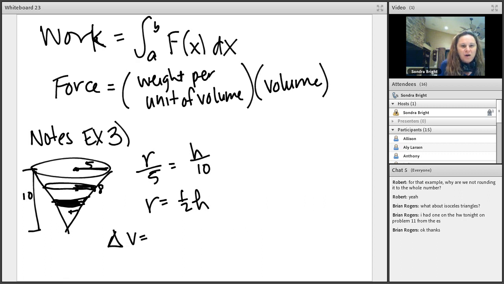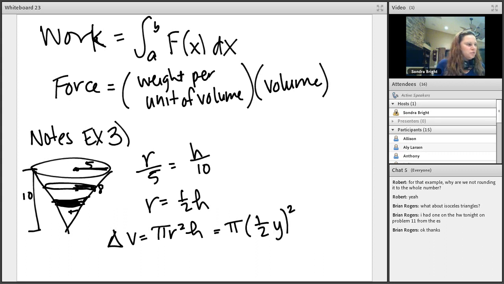They're like little cylinders, so they're pi r squared h. But in this case, your radius is 1/2 y, squared, and then times your height, which is the little dy's or delta y's.